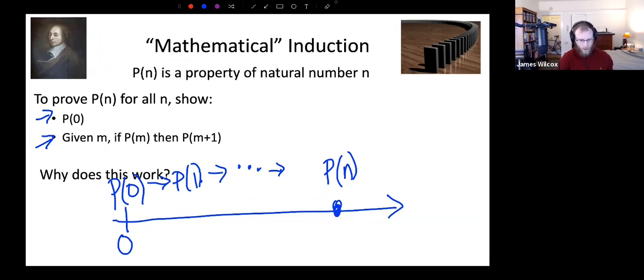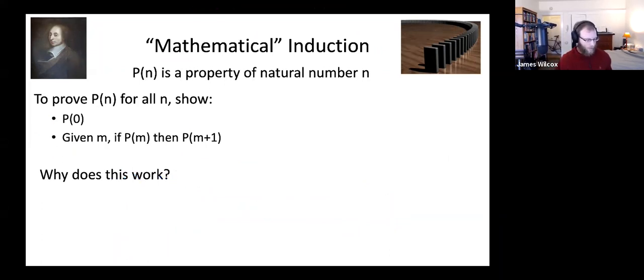This is pretty obvious and simple, and you may have seen it before, but I think there's actually something kind of deep happening here, because we are proving an infinite number of facts with a finite amount of work. There are infinitely many non-negative integers, and yet we're able to prove something about all of them by only doing 2 things.